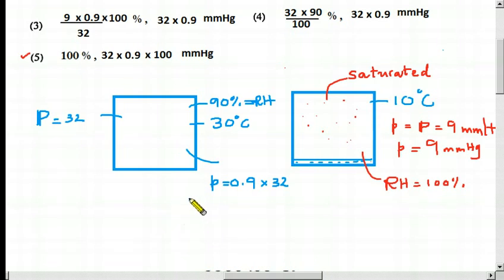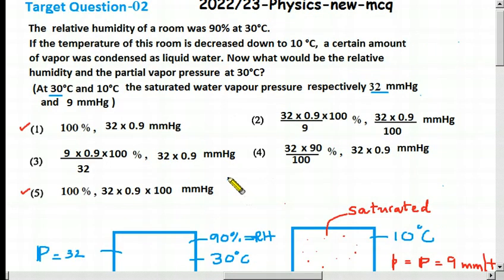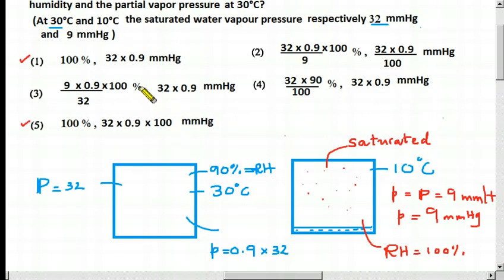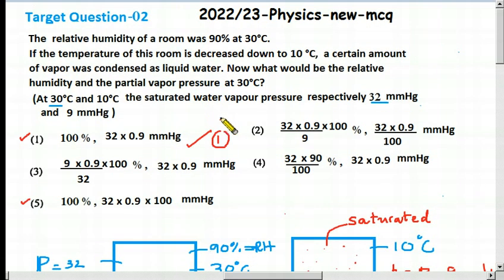You should do that in your head, and directly you should be able to write it like this. So the second part of the answer is 0.9 times 32. So here the first one is the answer. Here there is an extra 100, it is wrong therefore. So the answer is the first one for question 2.